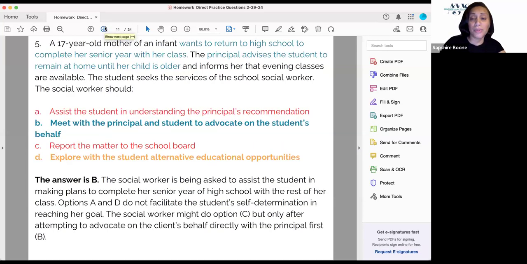So the answer is B, meet with the principal and student to advocate on the student's behalf. Often we are the mediator between our interdisciplinary team and our client. And so we have to represent our client and make sure our client gets what they want.